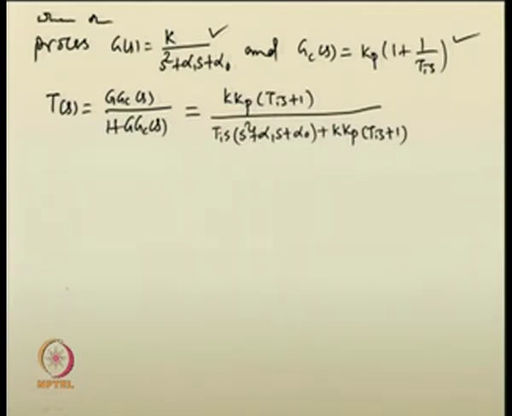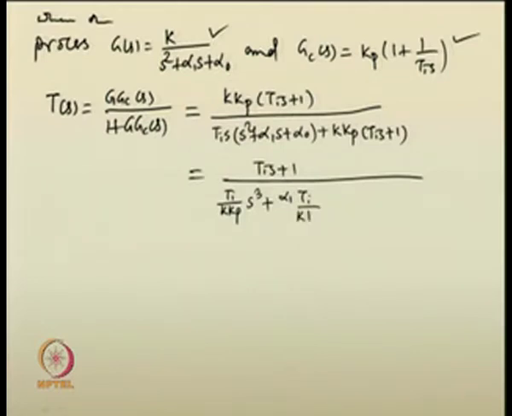Now, this can be simplified further and expressed in the form (Ti s plus 1) by (Ti upon K Kp) s cubed plus alpha 1 Ti by K Kp s square plus (alpha 0 plus K Kp) Ti by K Kp s plus 1.